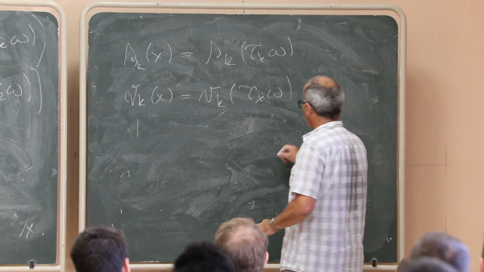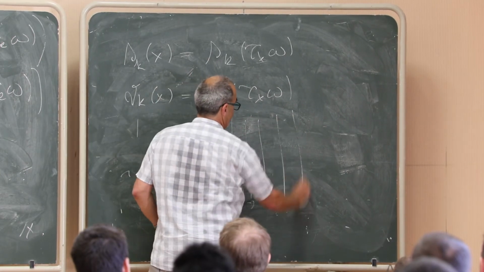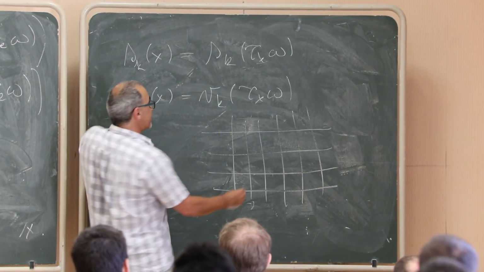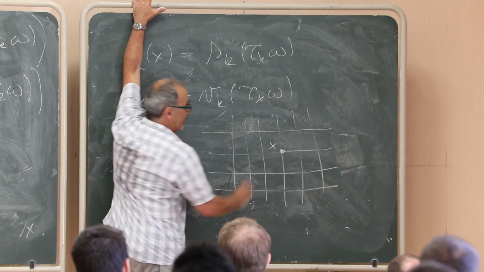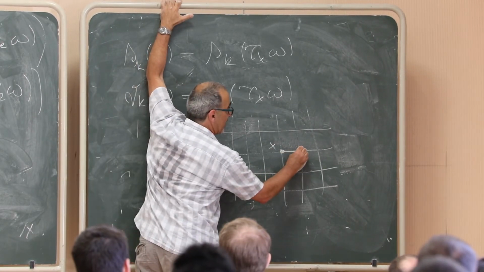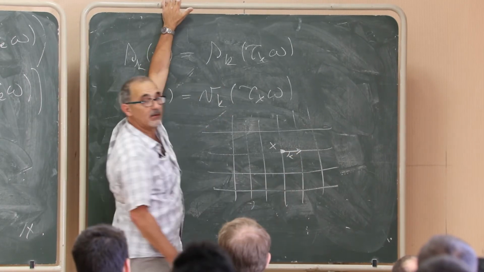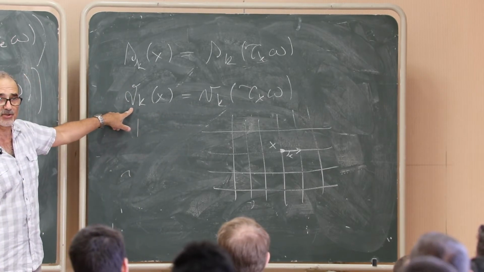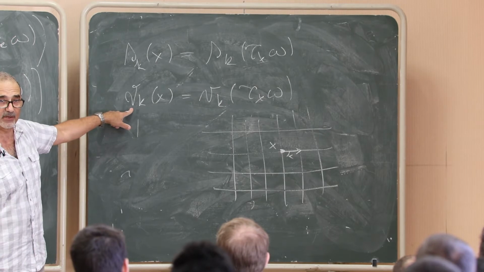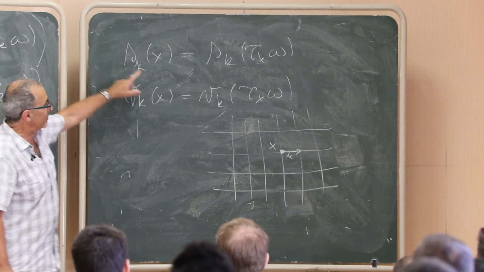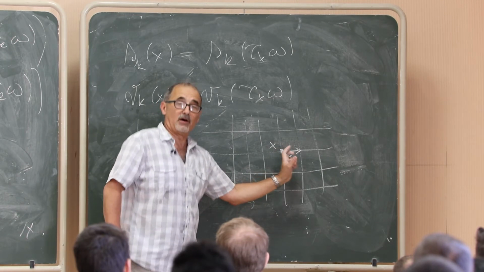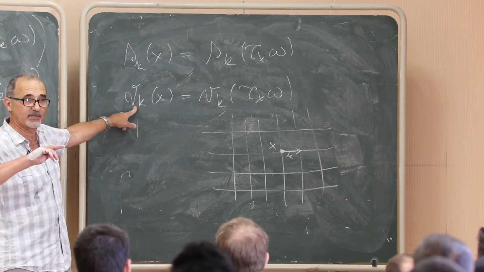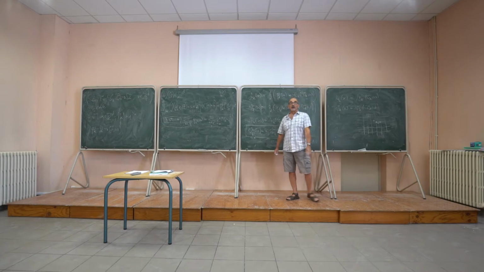Just to understand what I mean here, I have the lattice, this is the site x, this is the edge k pointing out, right? And this tells me that I have some numbers sitting on the oriented edges. The number for s is the same on both orientations, and the number for v is skew, opposite. This is what I call a flow.